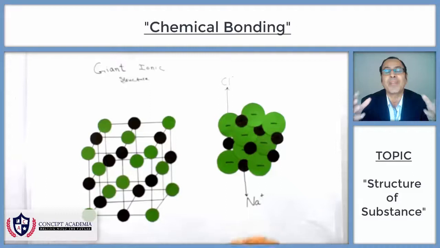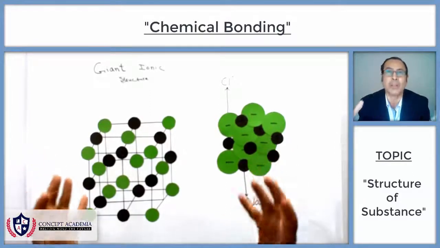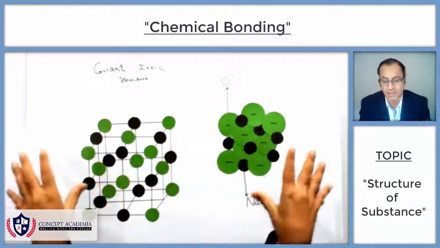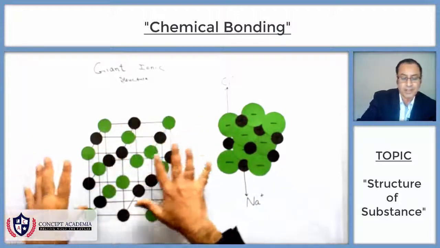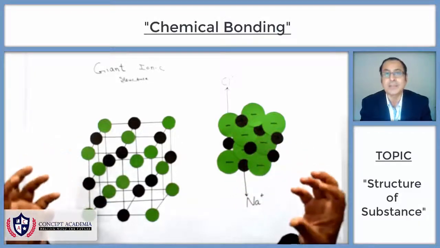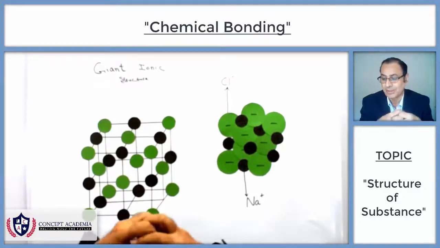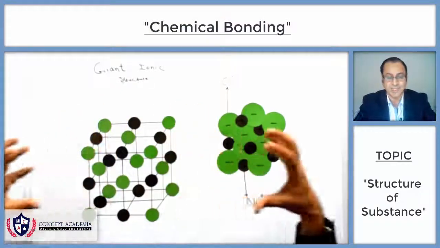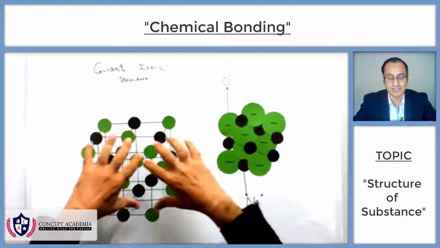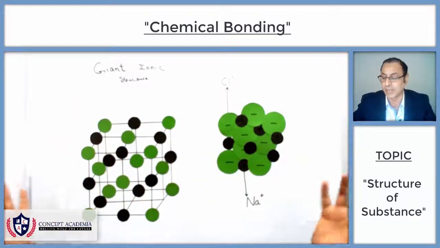The ionic crystals are like a three-dimensional network in which the positive and negative ions are arranged regularly, and they are held strongly, attracting each other so strongly, in a very regular three-dimensional pattern.